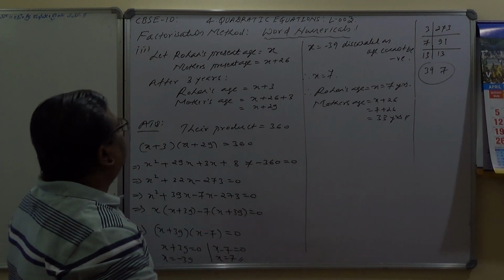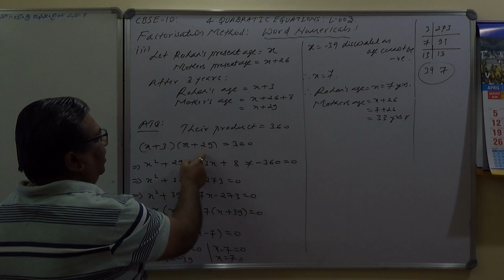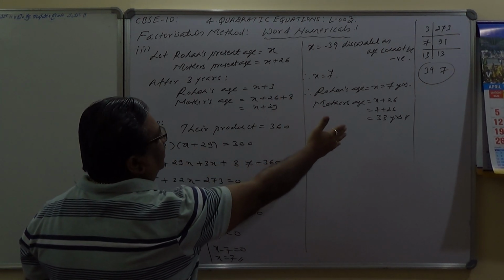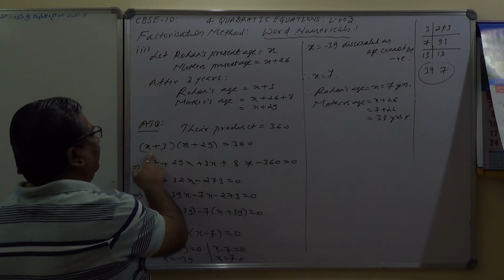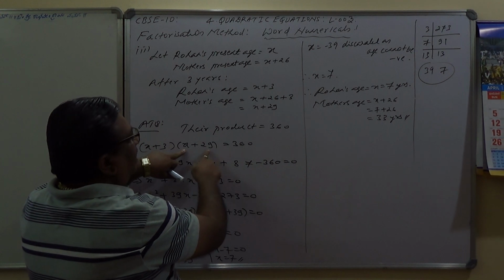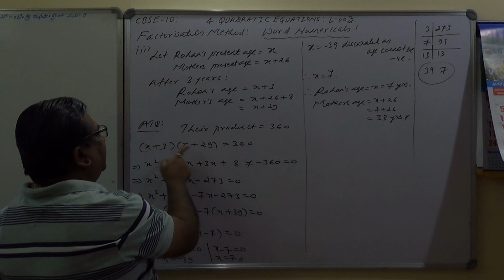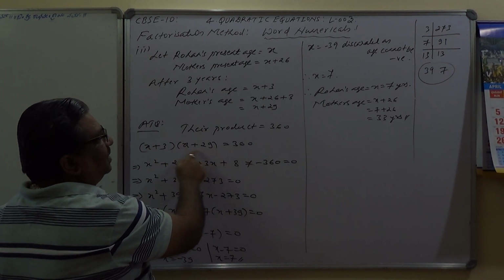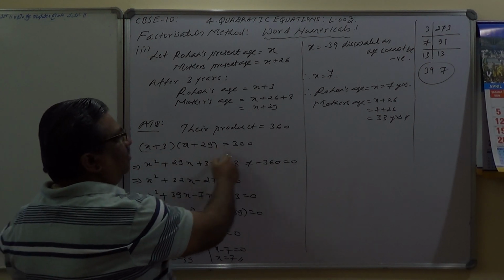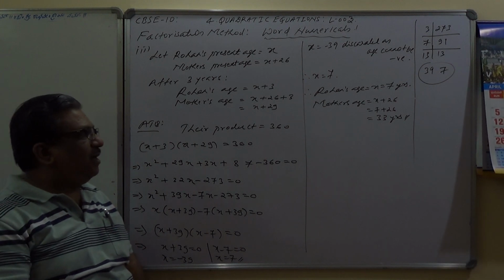If you substitute here, you should be able to get this. X is 7 here, 7 plus 3 is 10, and 7 plus 29 is 36, and 36 into 10 is 360. We are getting it correct, therefore the answer is correct. I hope you are able to understand this one. Okay, please note it down.